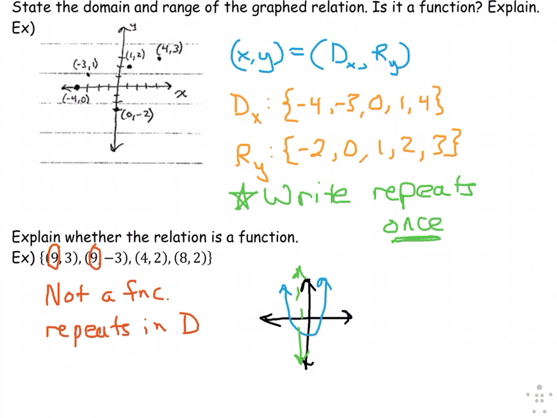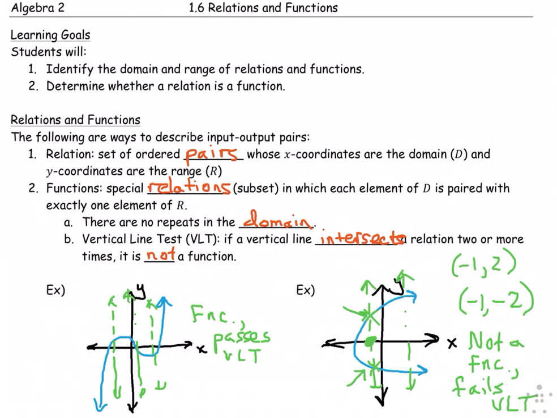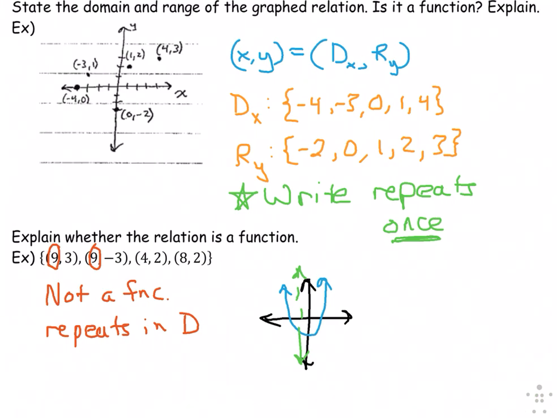So this is not an example. Instead, it would be like the first one here. That would be repeats in the domain, so it does not produce a function and fails the vertical line test. And remember, ignore any repeats in the range. That does not matter for determining if a relation is a function.